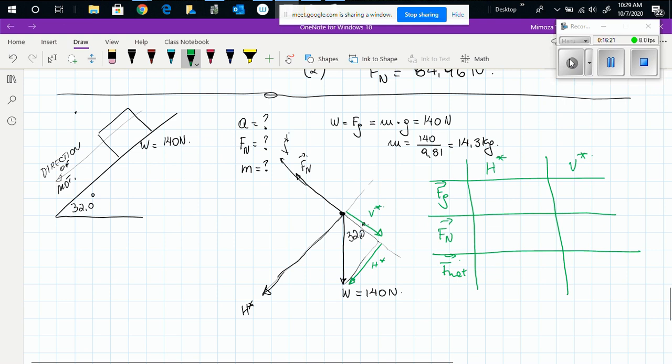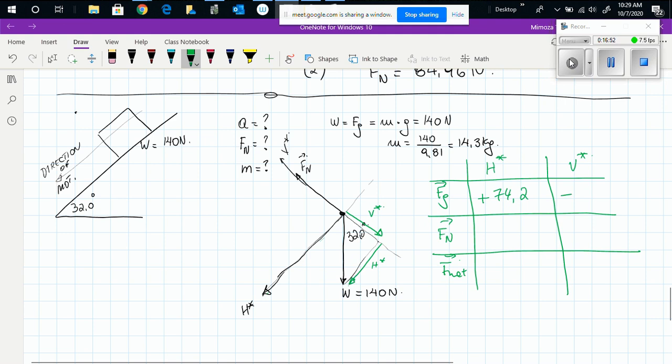So now, the horizontal component of force of gravity, first of all, is positive. Why? Because it is going in the same direction as the positive new horizontal axis, and will be 140 times sine 32 degrees, which is positive 74.2. The vertical is negative.